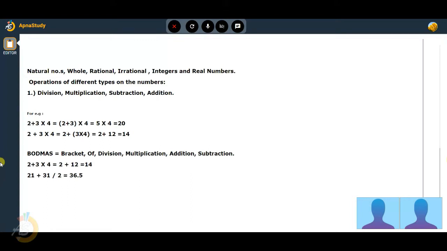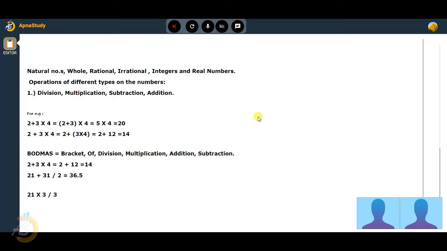Okay. So let's come to a conflicting priority question. For example, if you have 21 multiply by 3 divide by 3.